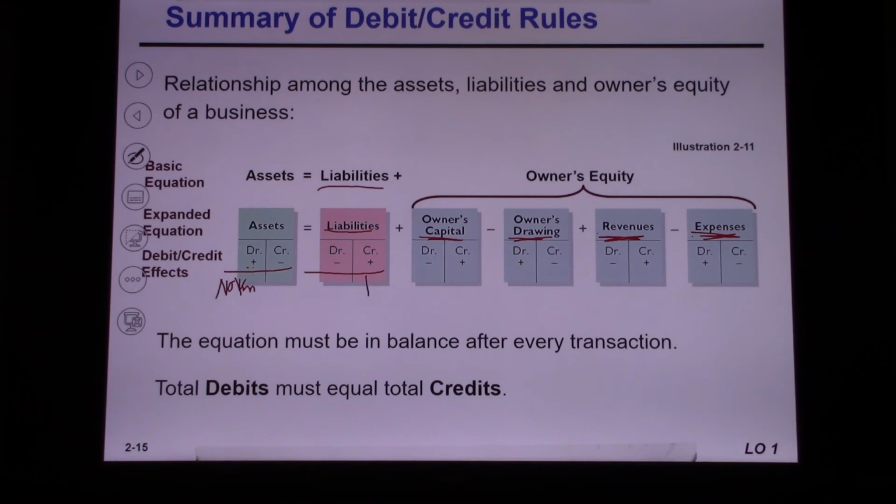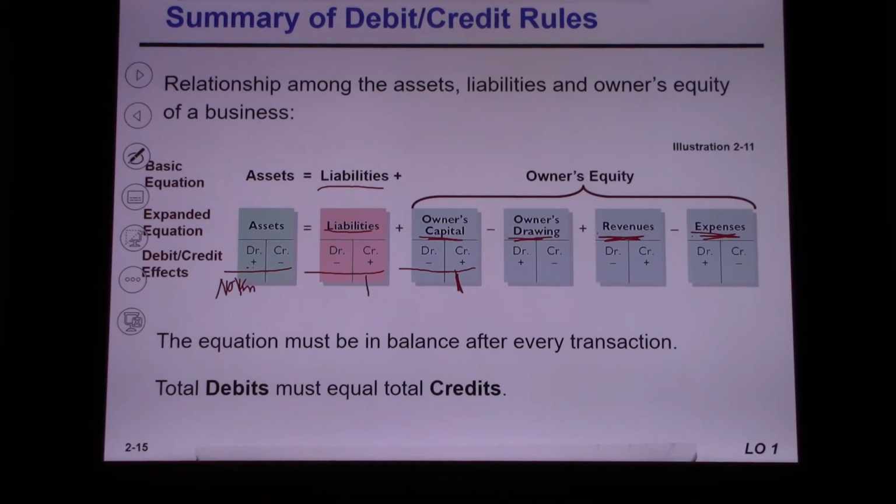Owner's equity is very tricky because we have four accounts affecting equity. The first account is owner's capital. Any increase in capital is credited. Any decrease in capital is debited. The normal balance again is here in the increase side.